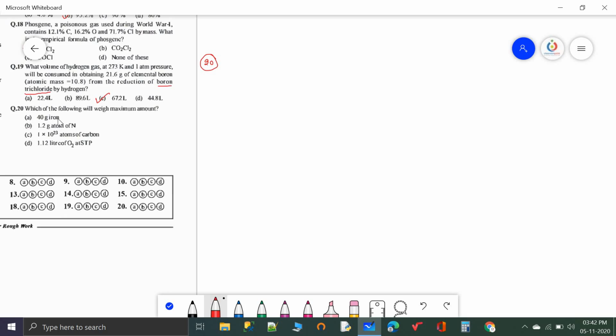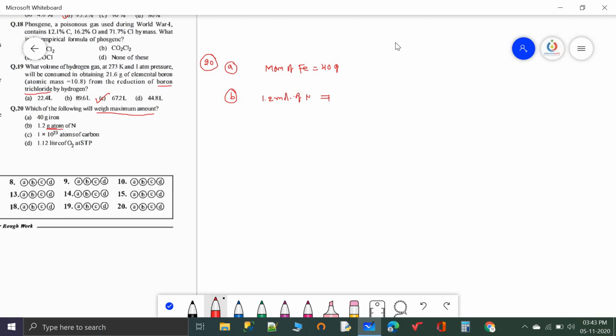So let's try to solve question number 20. Which of the following will weigh the maximum amount? So directly they are asking the mass. The first option is mass of iron equals 40 grams, given directly. Second, B is 1.2 gram atom. Gram atom means mole, so 1.2 mole of nitrogen.